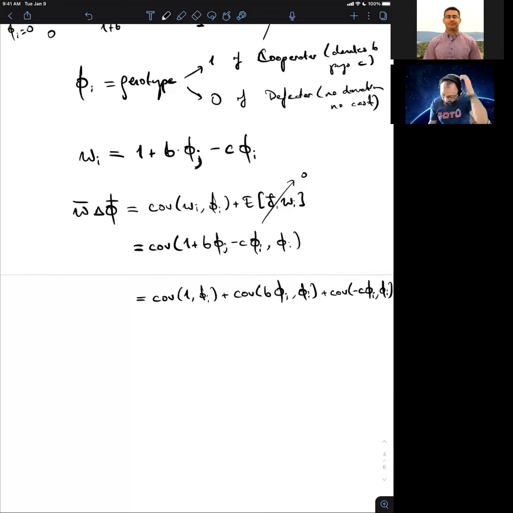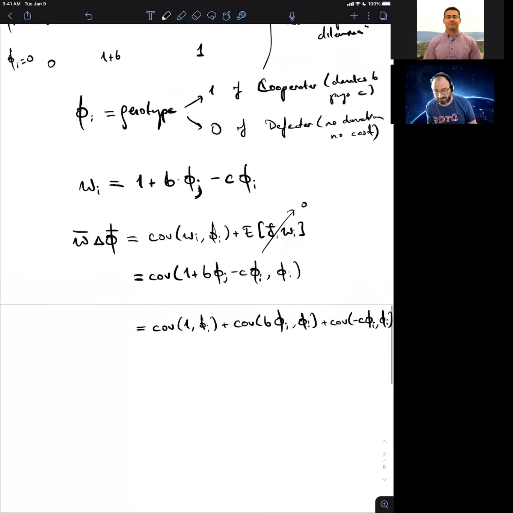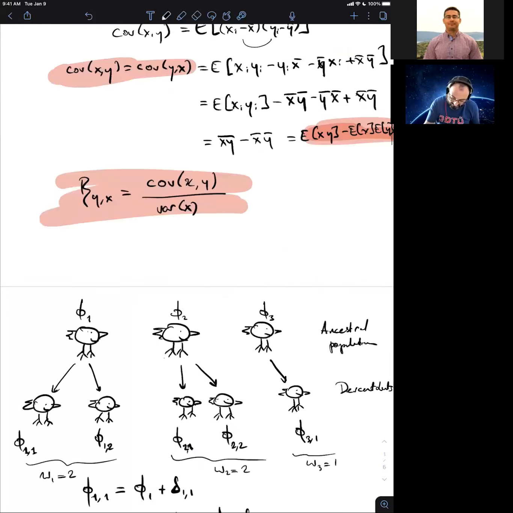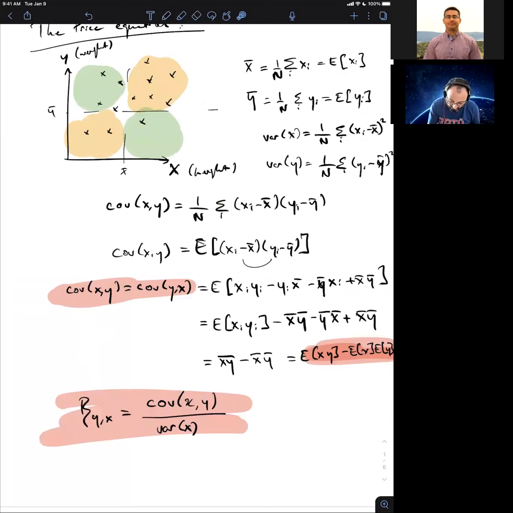Another useful property of the covariance, which should be obvious if you go back to the definition, is that if you multiply any of these numbers by a constant that's the same for every x and y, for every measurement, then you'll have a times x minus a times x bar.